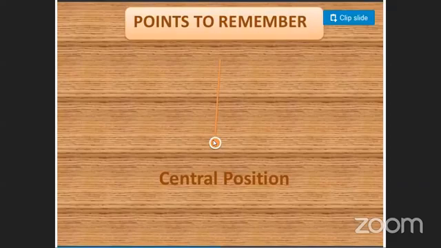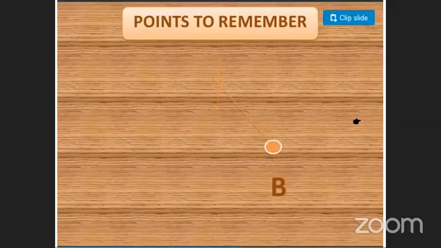When the bob hangs from the thread, first it hangs in the central position, that means the middle position. After that, if we push that metallic ball from left to right, once it goes to the right side, again it will go to the left side, again to the right side.